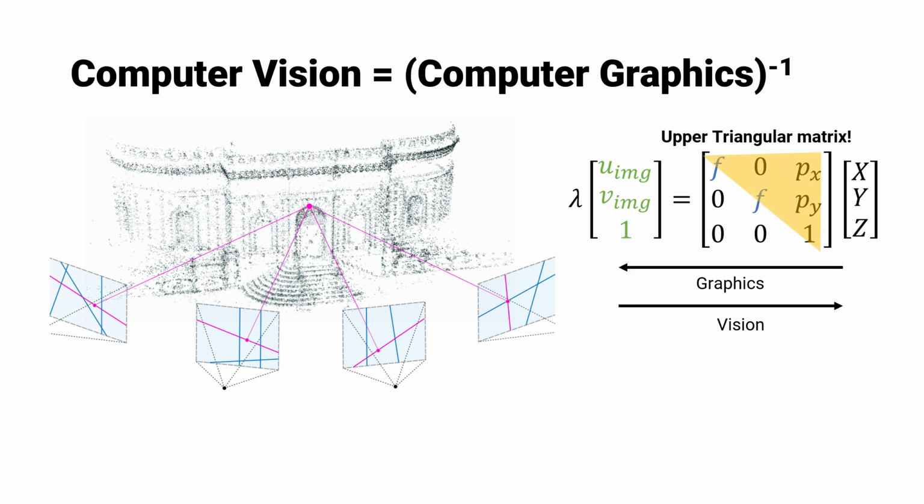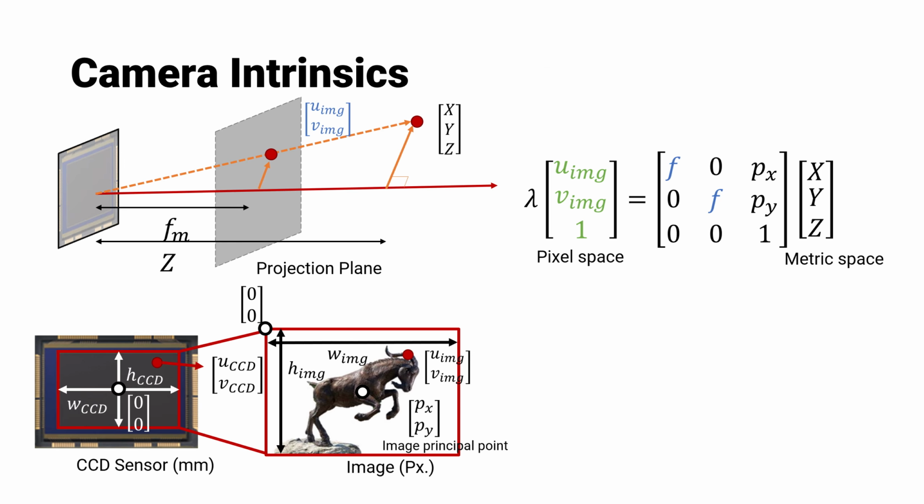Remember that this matrix which we are putting around with the focal length and the principal points is an upper triangular matrix, and you'll have beautiful properties with this upper triangular matrix which we are going to use in the future videos. Just to recap again, we had the world point, we squashed down the depth, we did the metric projection, and then we took the metric projection, used the pixel pitch and this focal length in pixels to go back to pixel space, and that's what we have done.